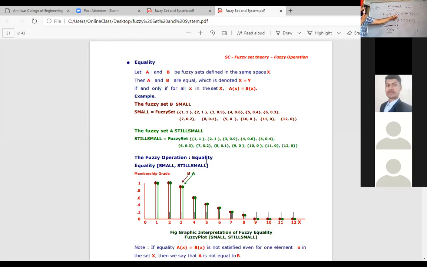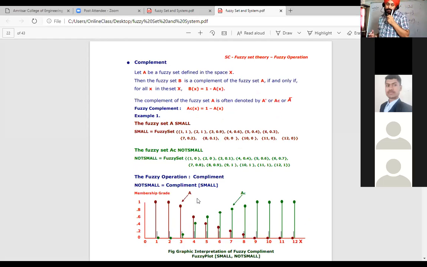For 1, 0.3, 0.3. For 2, 0.4, 0.4. For 3, 0.1, 0.1. So the degrees of membership are equal, therefore A and B are equal. If any change is there, if it becomes 0.4, then we will say fuzzy set A is not equal to fuzzy set B. And from the diagram also you can see that if the height is the same for all the elements, then it is equal.